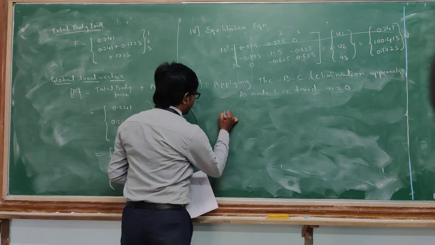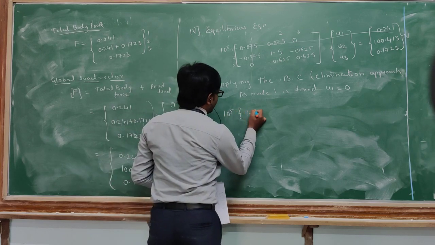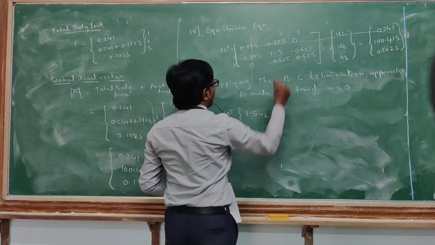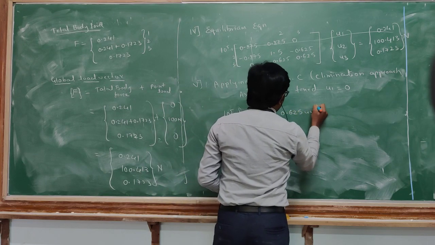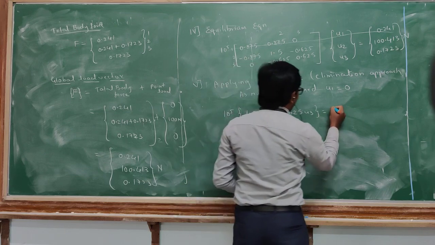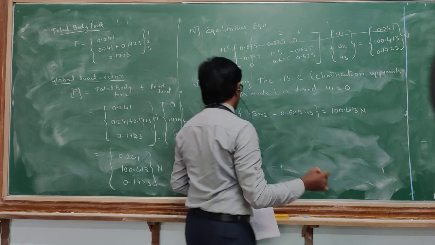So it will be 10 raised to 5, 1.5 u2 minus 0.625 u3 should be equal to 100.413 Newton. This is one equation.